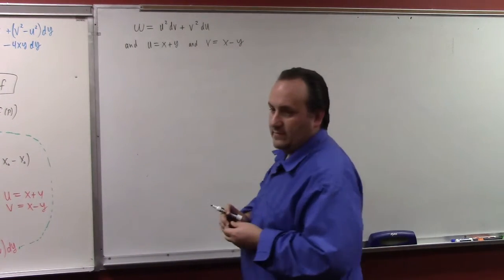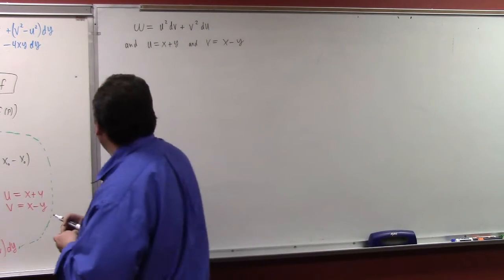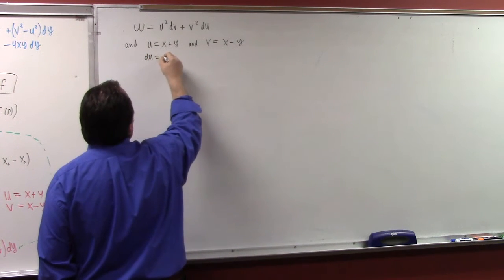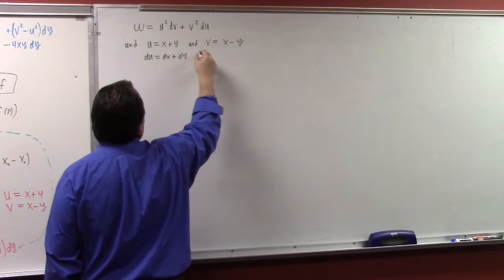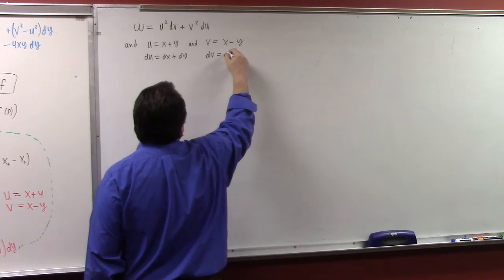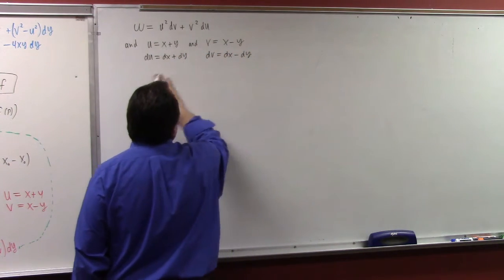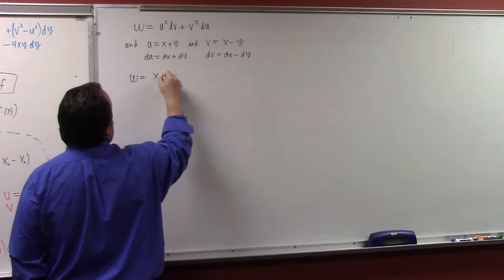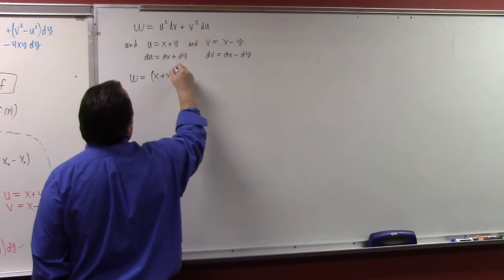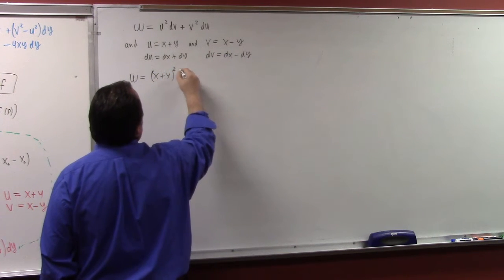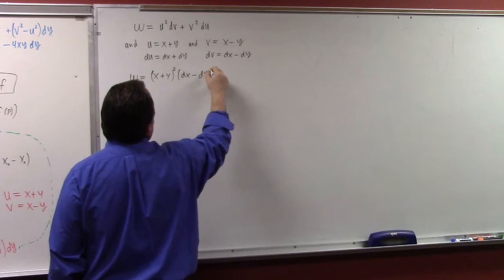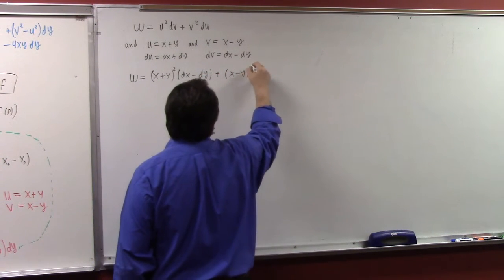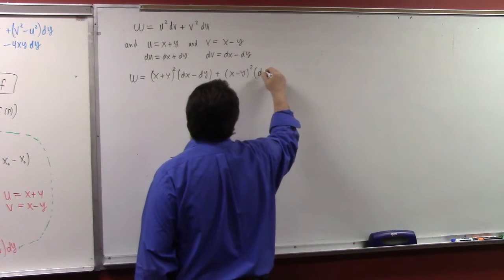Right? So, oh, you got it already? Yeah. Cool. So then du is dx plus dy, dv is dx minus dy, and then omega is (x plus y) squared times (dx minus dy) plus (x minus y) squared times (dx plus dy).